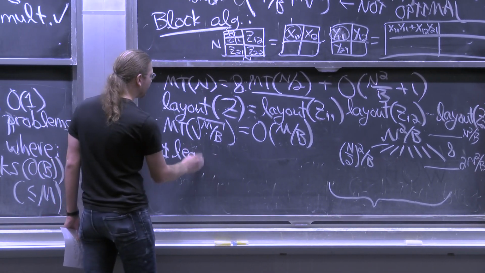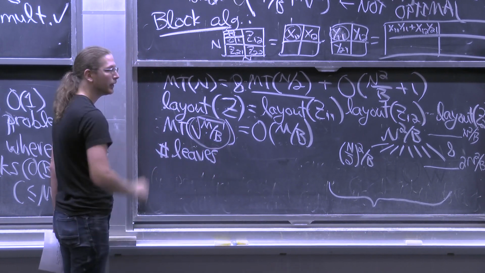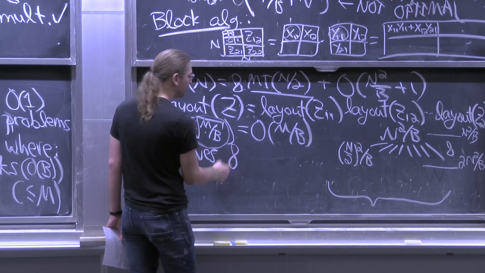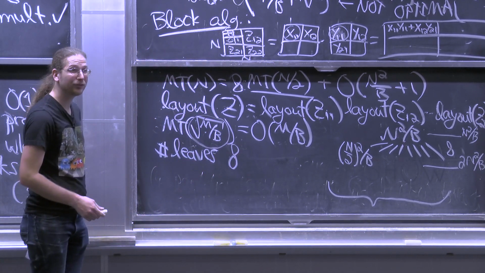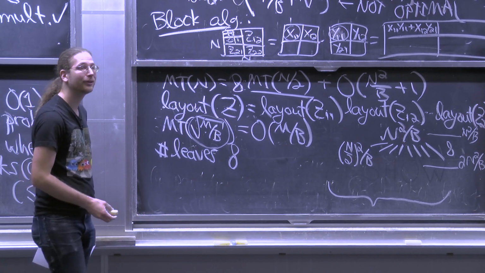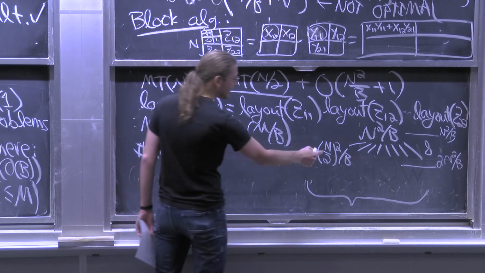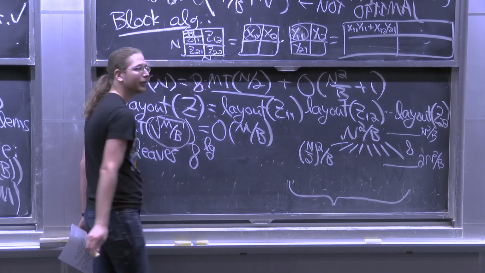Okay, the leaf level. Actually, maybe I'll do it over here. First question is, how many leaves are there? The leaves are this thing. So the way I would think about this, because everything's nice and uniform, is 8 to the power of the number of levels. What's the number of levels? Well, we're dividing by 2 each time. So it's going to be log of something.